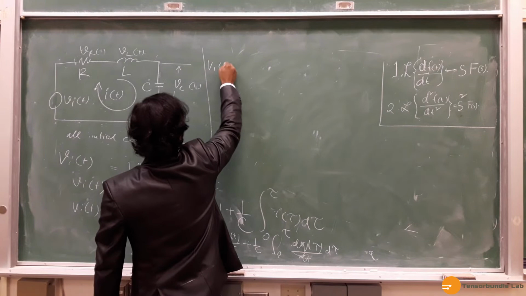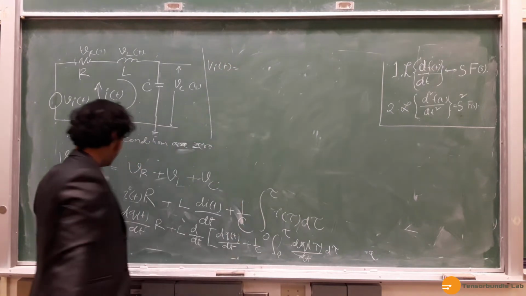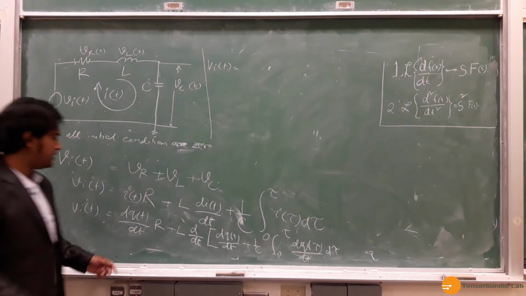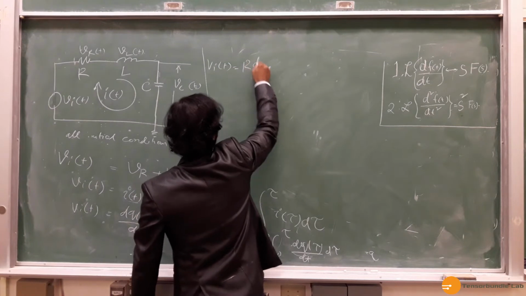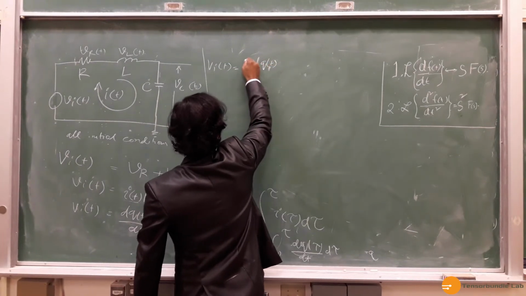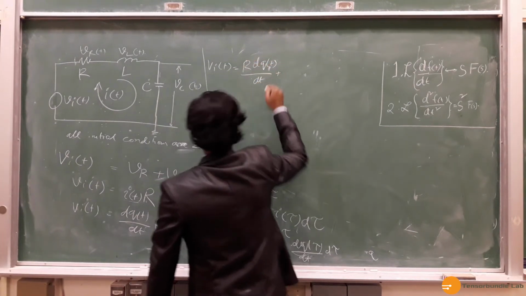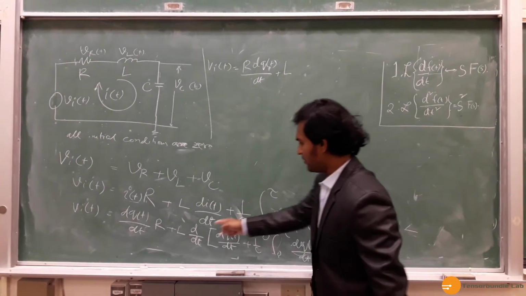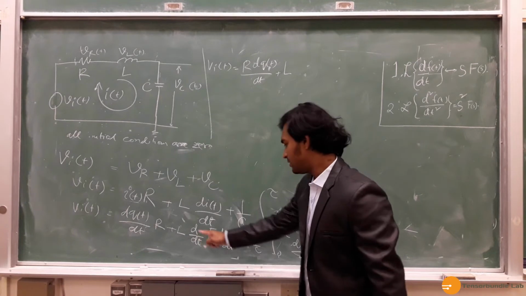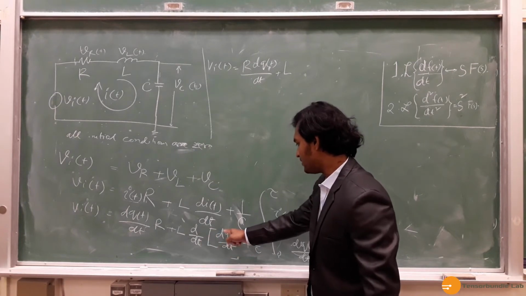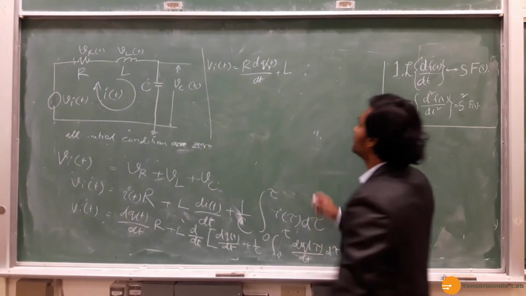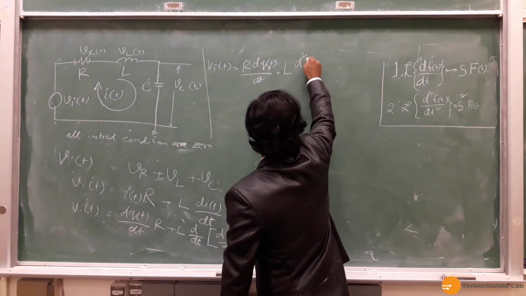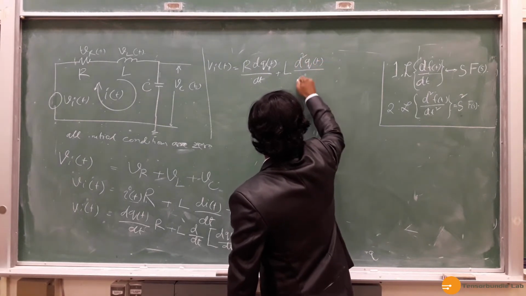V i of t is equal to R dq/dt plus L d/dt of dq/dt. So there is a differential outside the bracket and there is another differential inside the bracket, so that makes a second order differential equation.